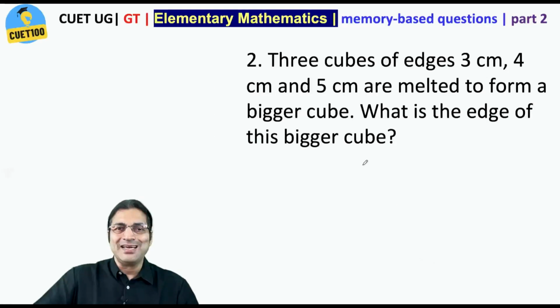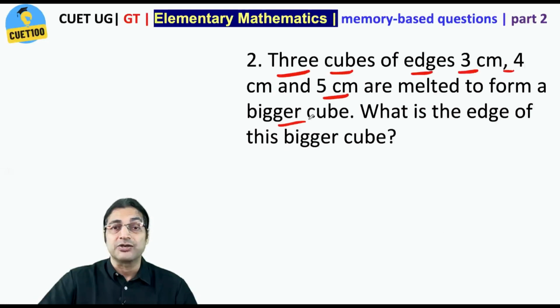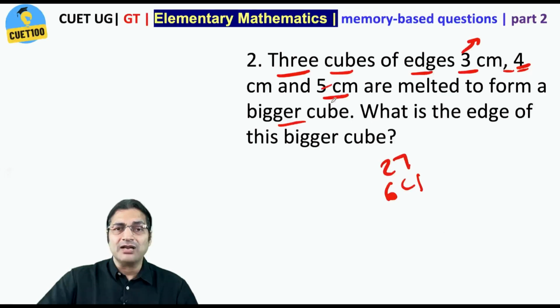3 cubes of edges 3 centimeter, 4 centimeter and 5 centimeter are melted to form a bigger cube. What is the edge of this bigger cube? What would be the volume of this one? 3 into 3 into 3, 27. This cube 4 into 4 into 4, 64. And this one 5 into 5 into 5, 125.